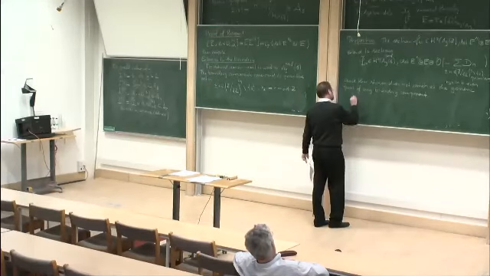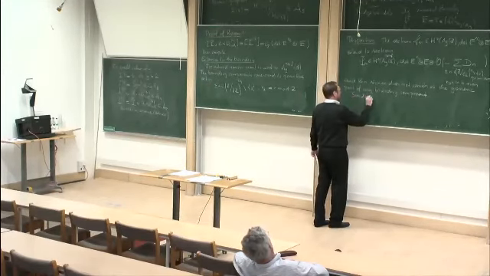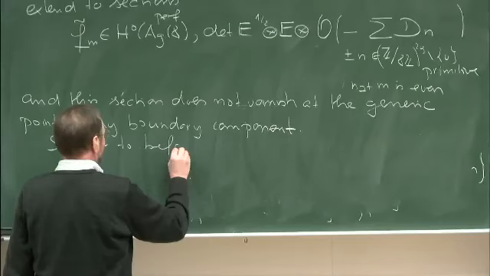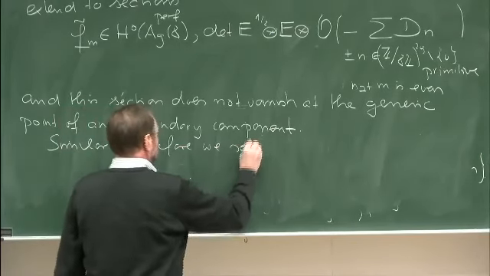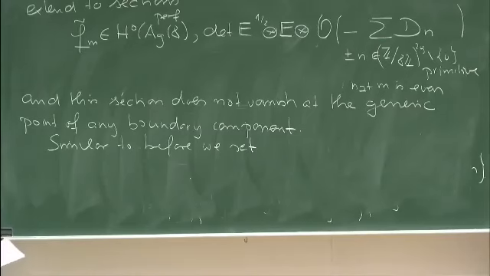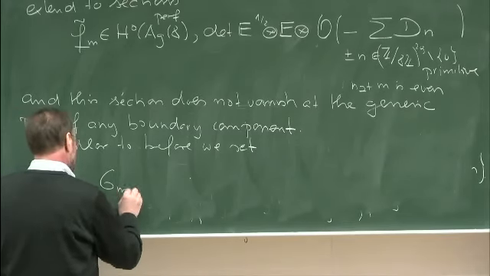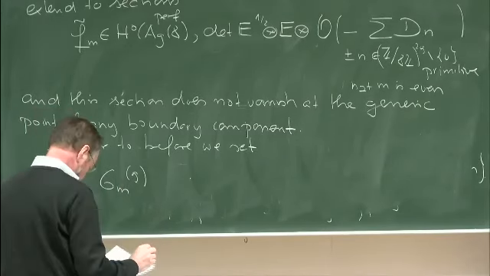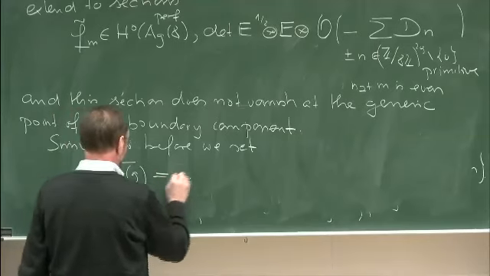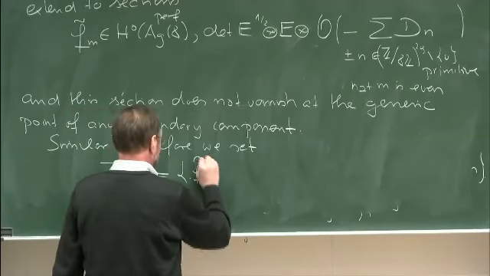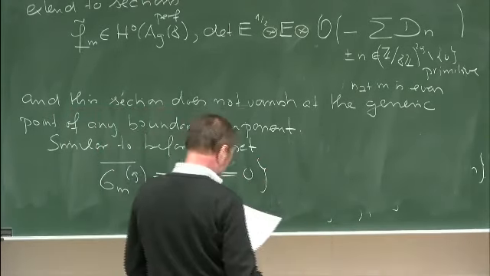And then, similar to before, define for certain sets, G, m, say bar, F m tilde equal to 0.